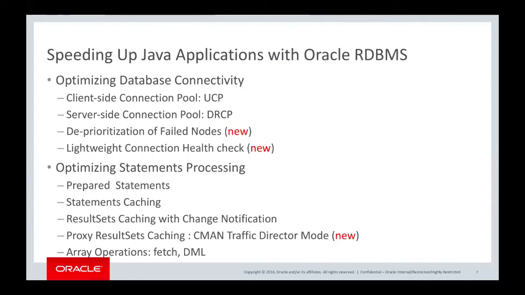Proxy result set caching. Okay, so I'm going to be presenting in a few slides something we're calling connection manager in traffic director mode. Connection manager has been around for a while. Now we've extended it with some mechanism.